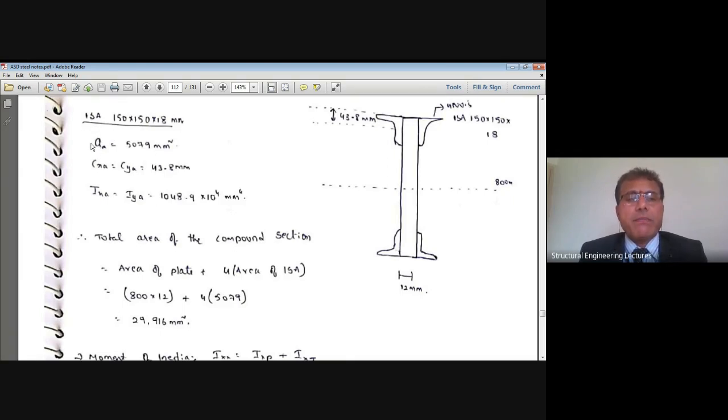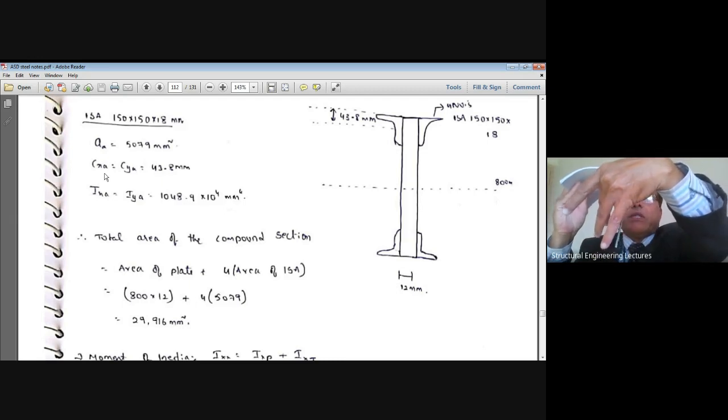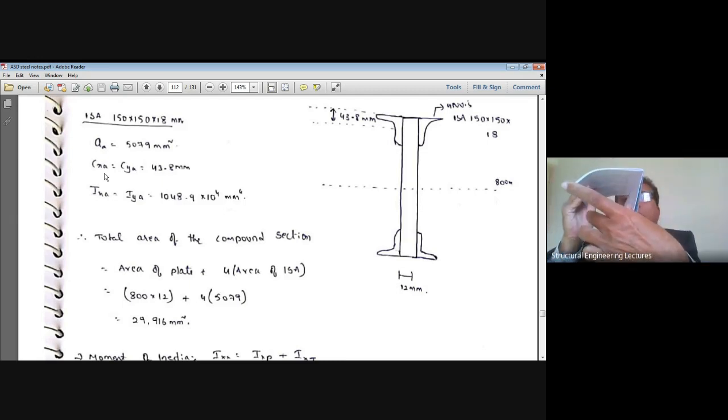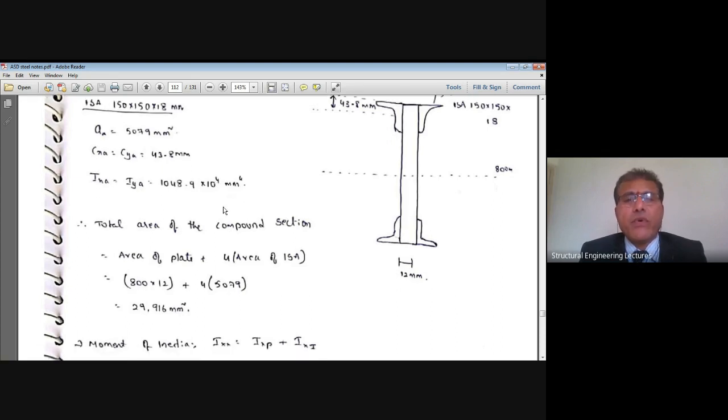Then I'll note down from steel tables what the section parameters are. Area of each angle is equal to 5079 mm square, and the CG from its own reference, from this, is at a distance of 43.8 mm, and the moment of inertia about its own centroidal axis, because of this equal angle section, I do have Ixa equal to Iya about its own axis, 1048.9 into 10 to the power 4 mm to the power 4, right?